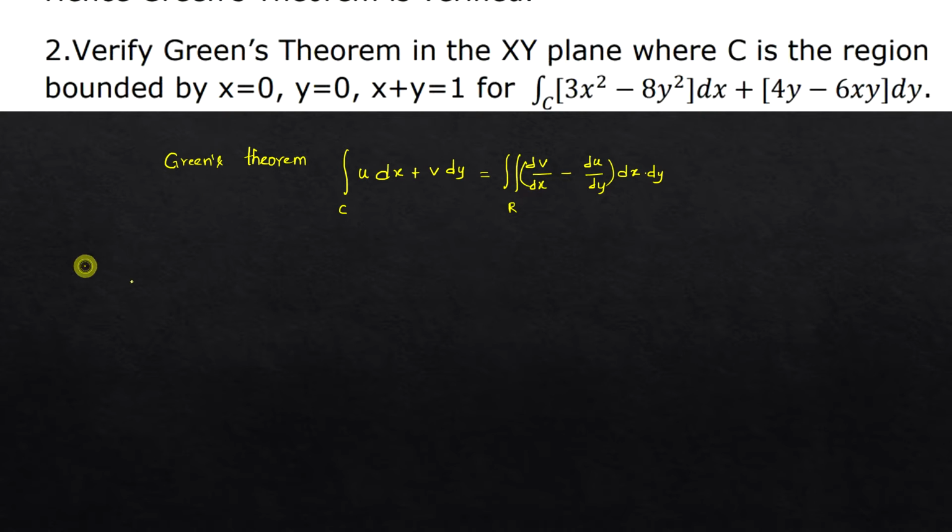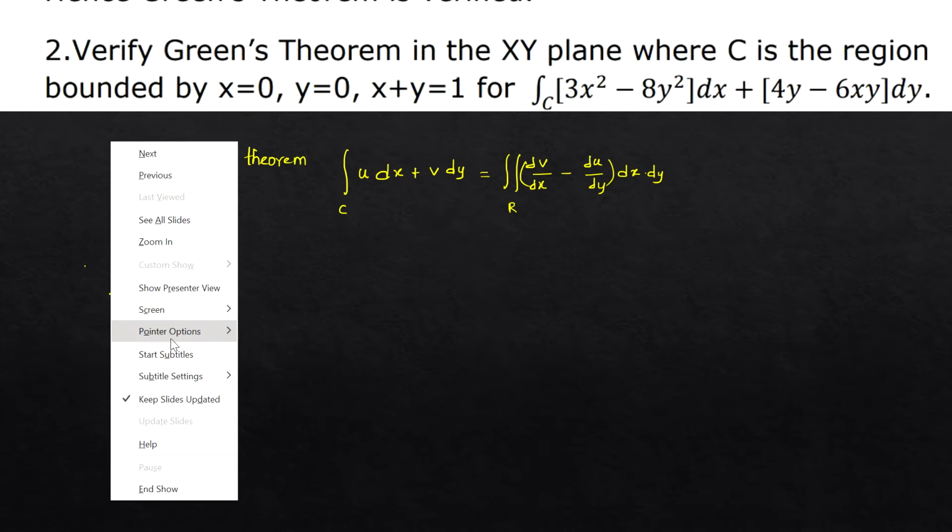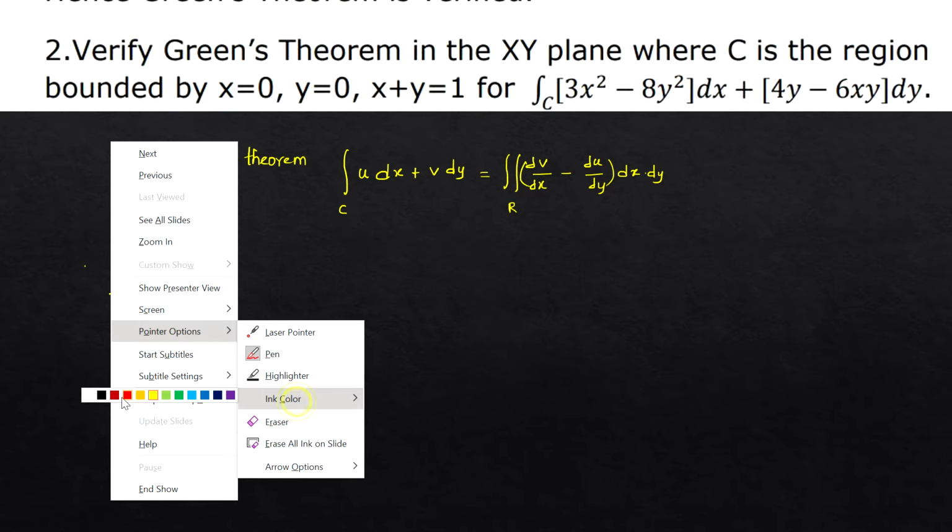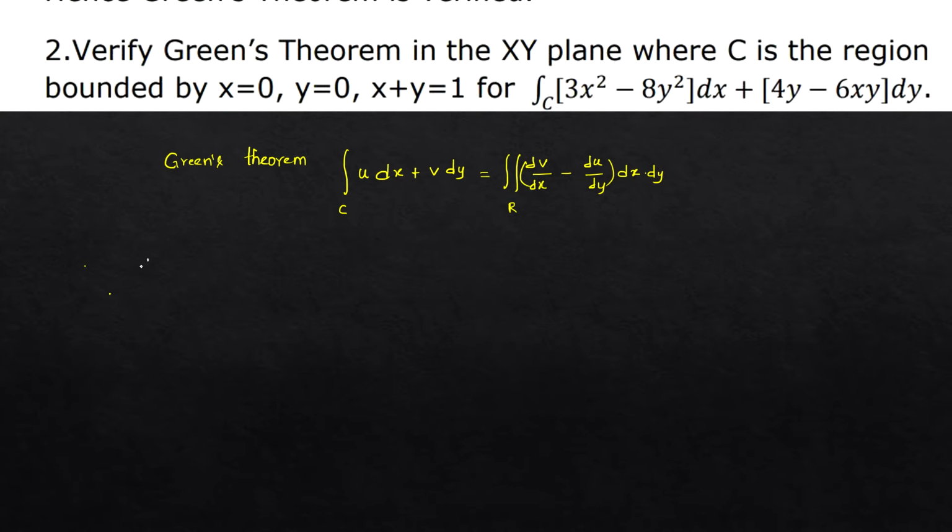First write the given equation, then we have to find the LHS value. Given: the integral of (3x² minus 8y²) dx plus (4y minus 6xy) dy.